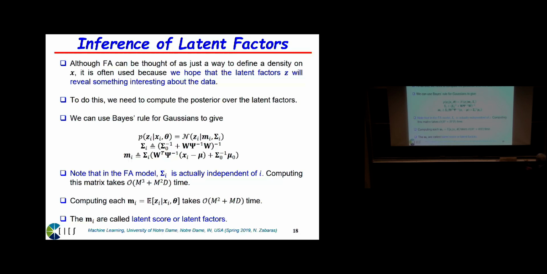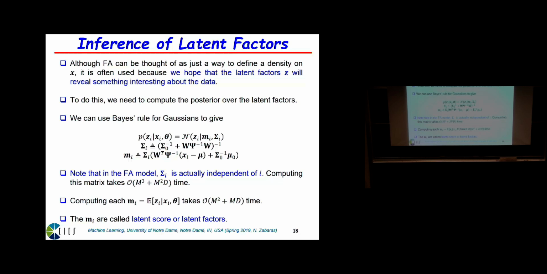This is the mean. This is the covariance. You notice the covariance here does not depend on the point i, so there's no i here. But the mean depends on every particular point. So for every x_i, there is one z_i, the same way we have seen this with latent variables before.